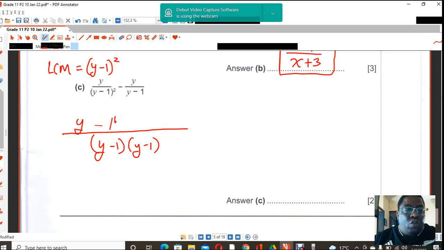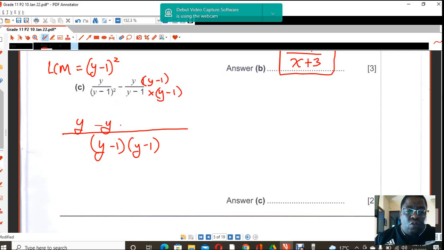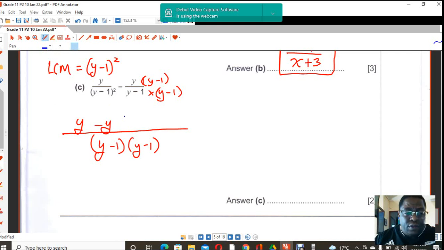Okay. So the only one that does not have that is that second one, right? Because what you need to do is multiply here by y minus 1, and also you multiply on top by y minus 1. So the minus, and inside here you are going to say times y minus 1.